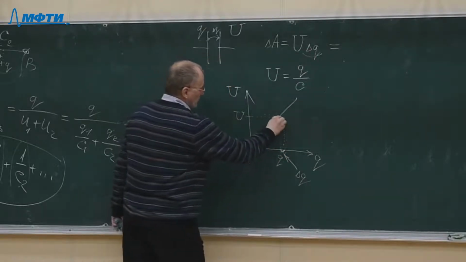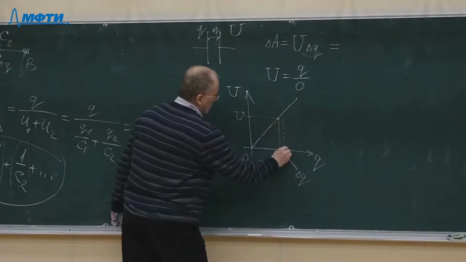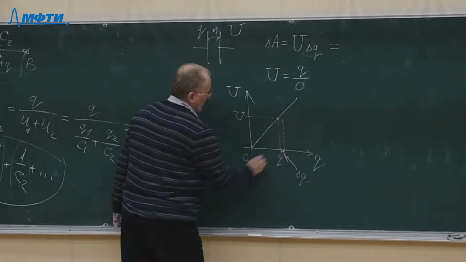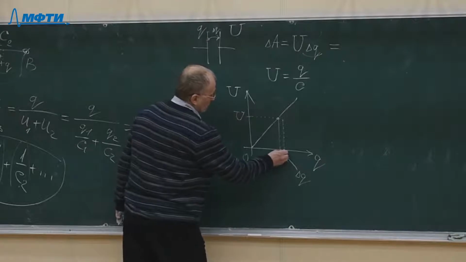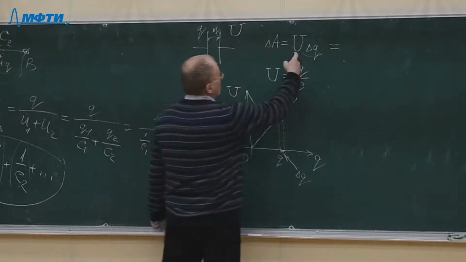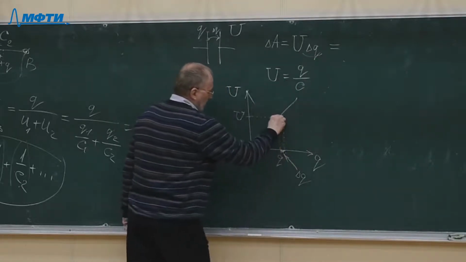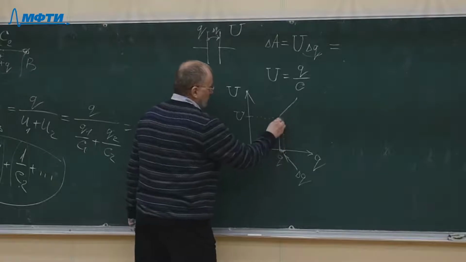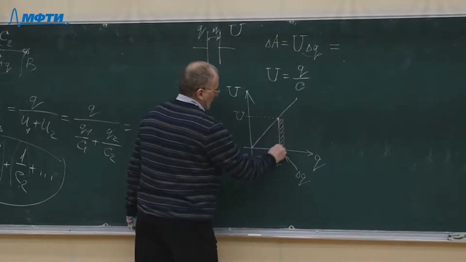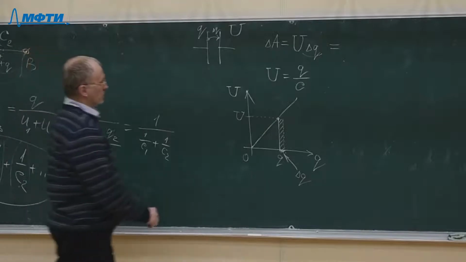The potential difference is the height of this small rectangle, and the other side of the rectangle will be the small increment in charge. So this product of U times delta Q geometrically will equal the area of this rectangular figure.